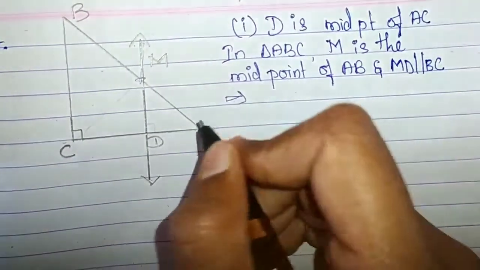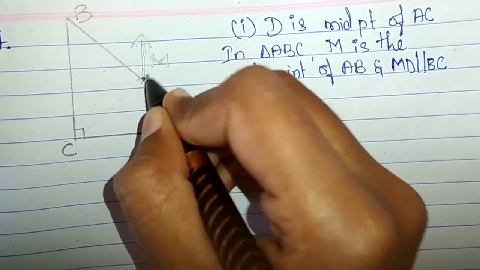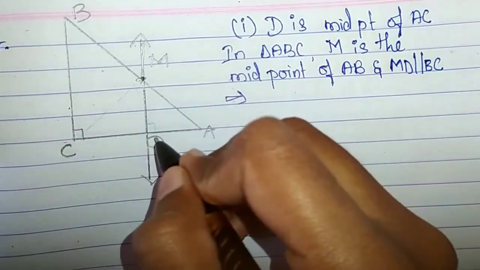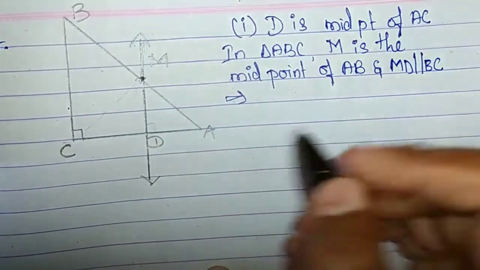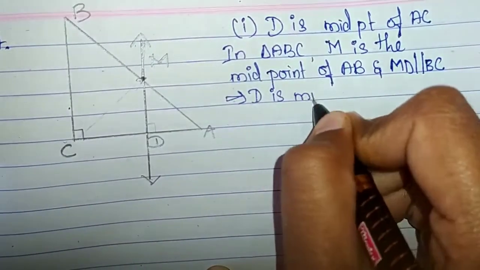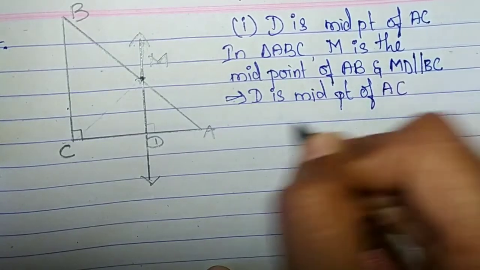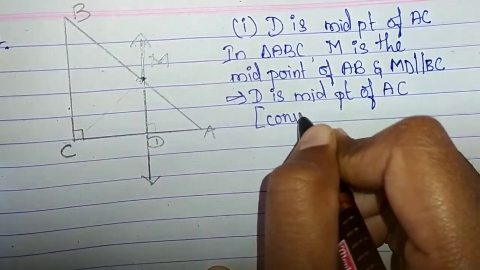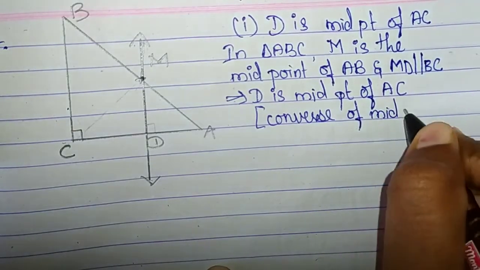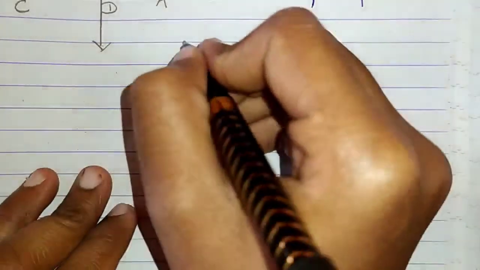So this implies, since M is the midpoint of one of the sides of the triangle and the line passing through that midpoint is parallel to the second side, then it will cut the third side at its midpoint. So this implies D is midpoint of AC by converse of midpoint theorem.